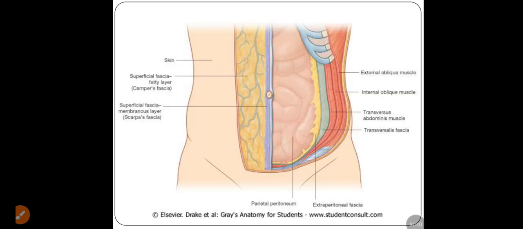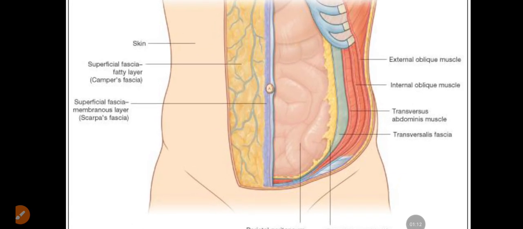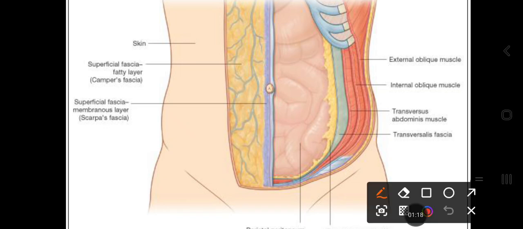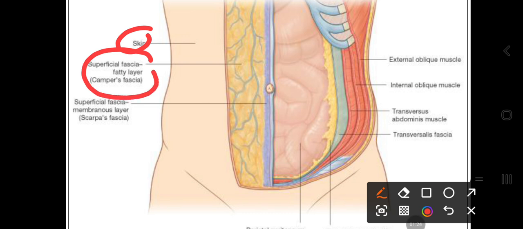Here are the layers of the abdomen, which include from superficial to deep, as I mentioned: skin, superficial fascia, which differentiates into outer fatty and inner membranous layers.